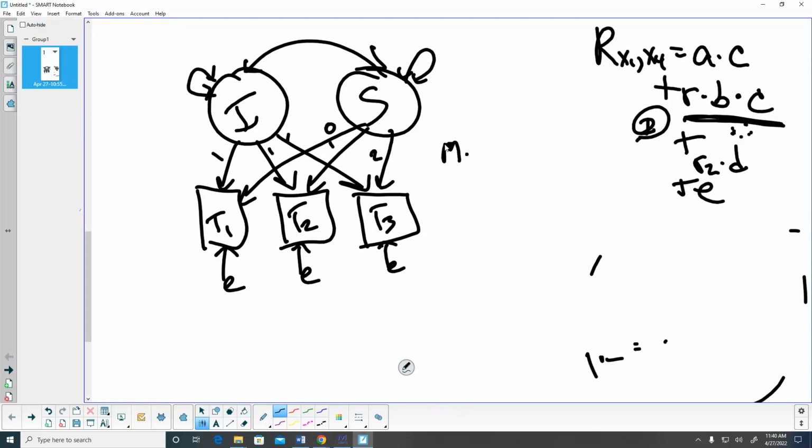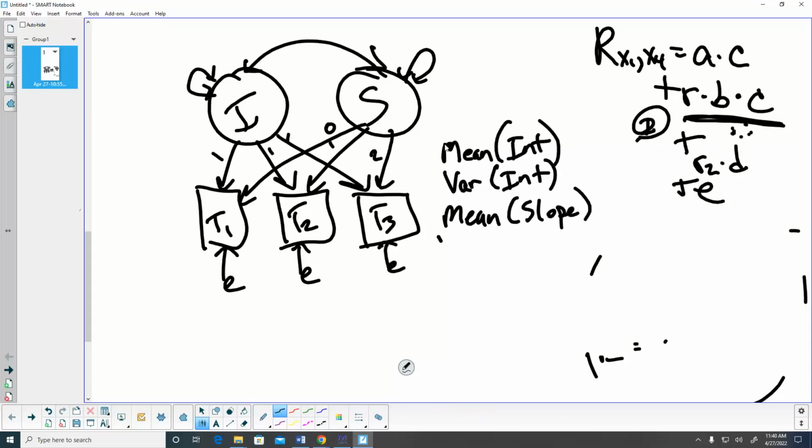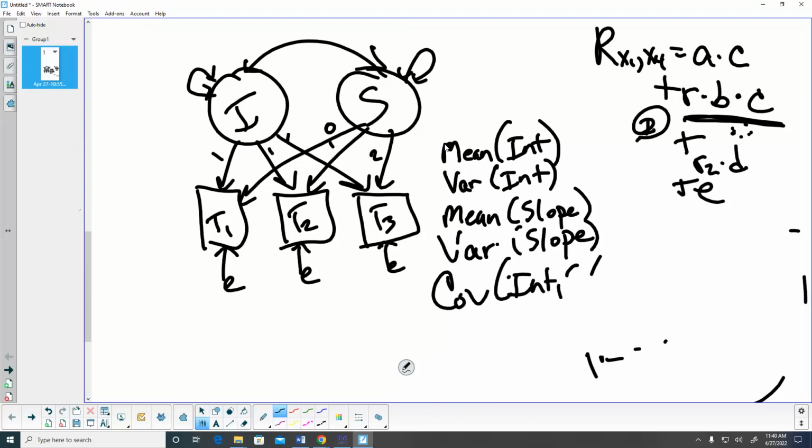So the parameters we're most interested in are the mean for the intercept, right? And the variance of the intercept, and the mean of the slope, and the variance of the slope, and then the covariance or the correlation between the intercept and the slope, right?